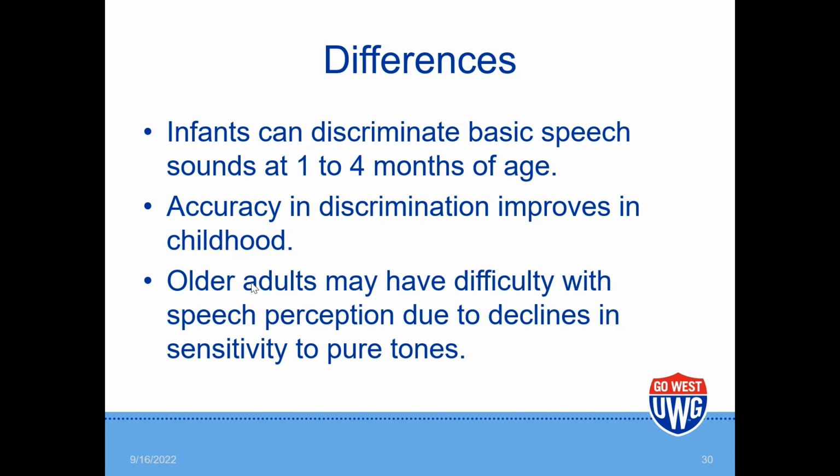So some differences always to note is that infants can discriminate basic speech sounds from 1 to 4 months of age. So they really quickly can start discriminating basic speech. As they get older, they can discriminate better and start to form words, and that's how this process of communication works. For older adults, speech perception, due to the decrease in sensitivity and the tones that we talk at, can make it harder to differentiate that.